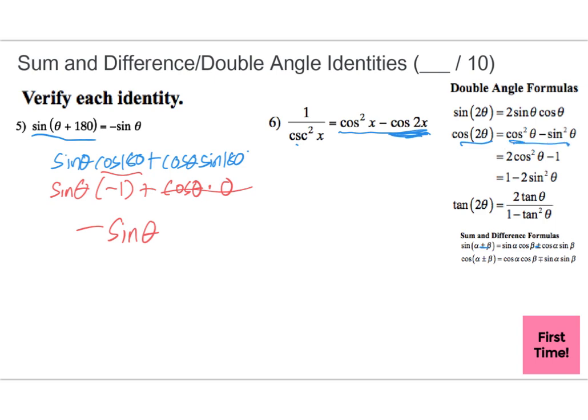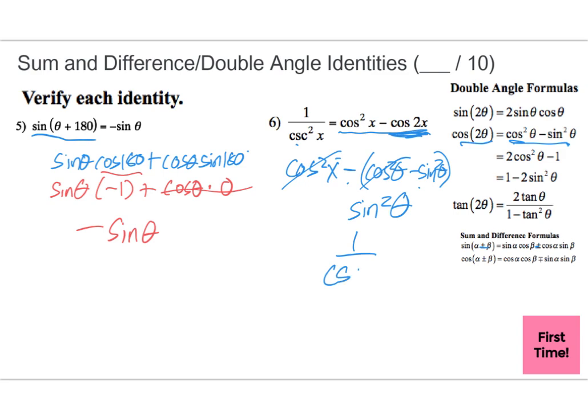Maybe I'll use that one. So we've got cosine squared x minus, and here's where we're plugging in, cosine squared theta minus sine squared theta. When I do that, my cosines cancel out, and we got negative negative is positive sine squared theta. Sine squared theta is the same as 1 over cosecant squared theta. That's what we're trying to get. And at that point, we have finished this problem.